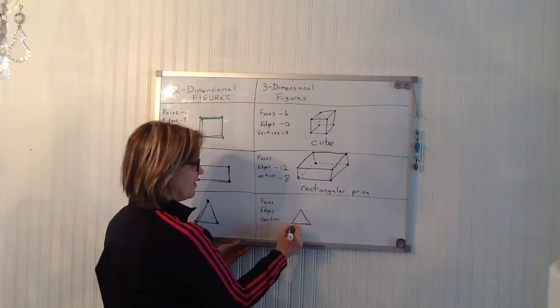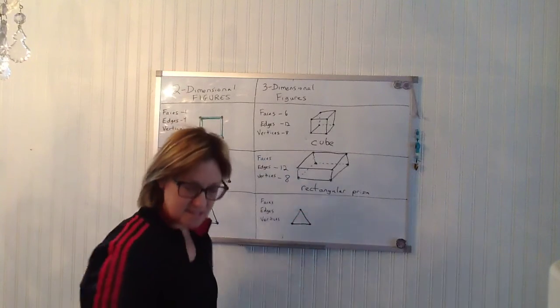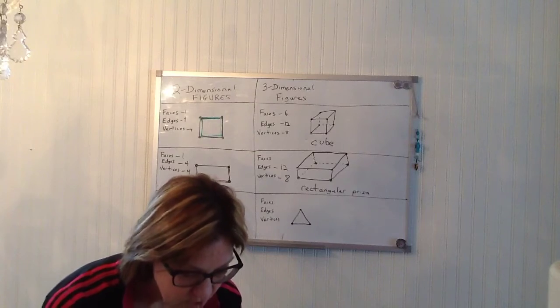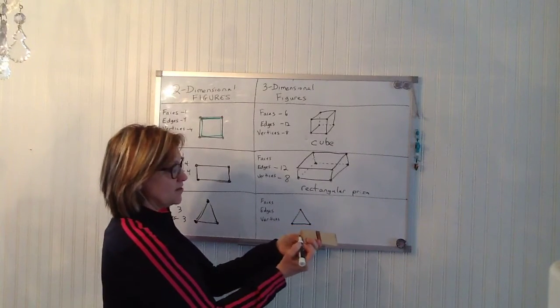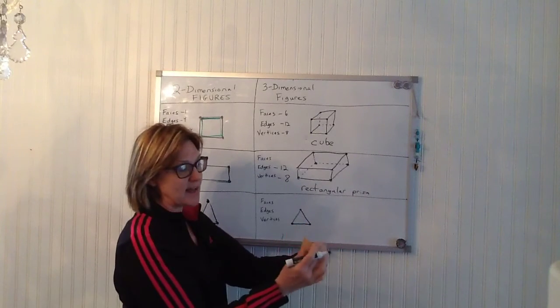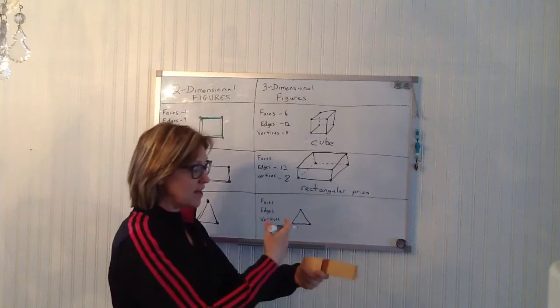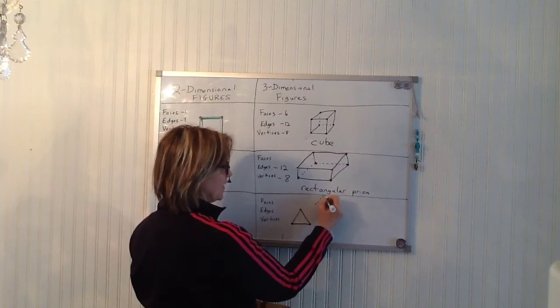Right now I have my 3 vertices. I'm going to make this shape look like this model. So you can see the front triangle, that's called the base. The back is congruent, exactly the same, and parallel. They lie on different planes. So I'll put this one way back here.